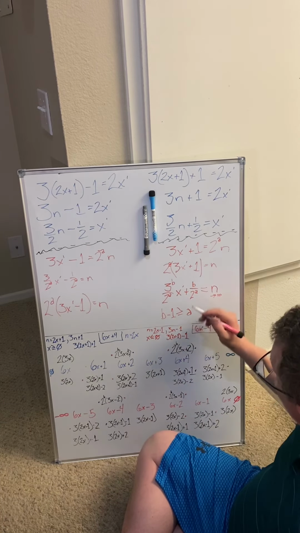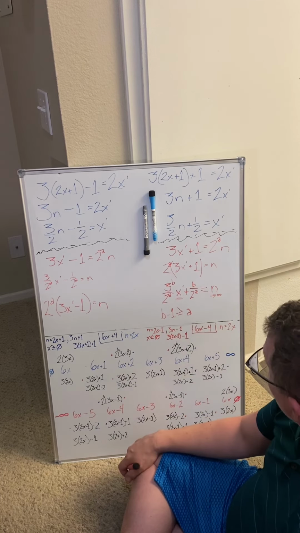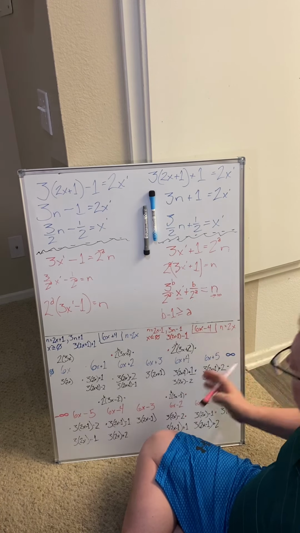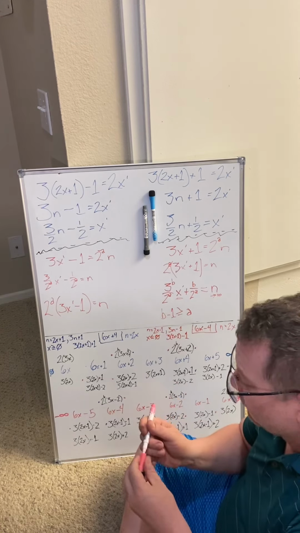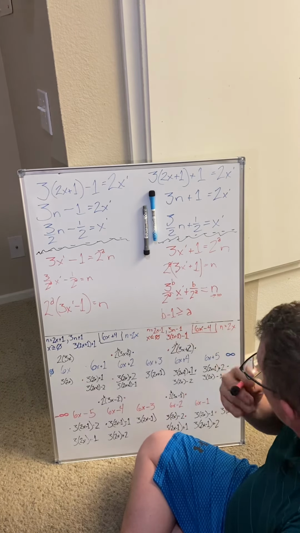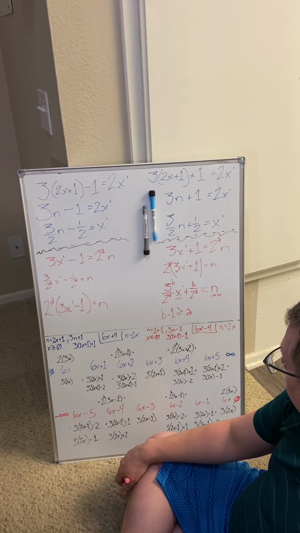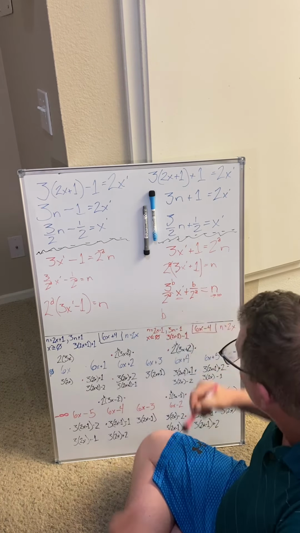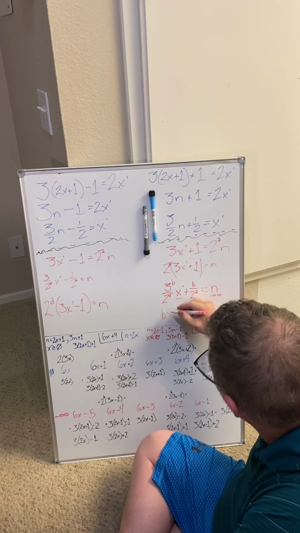As n approaches infinity, this value a will stay small, or will always stay less than b minus 1. I could probably just make it a, because a is already smaller than b.